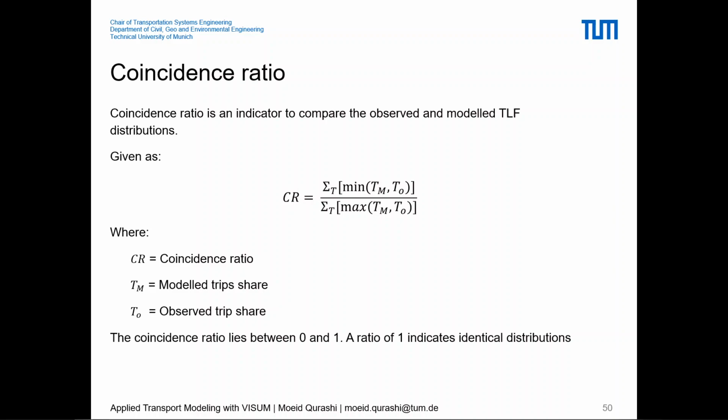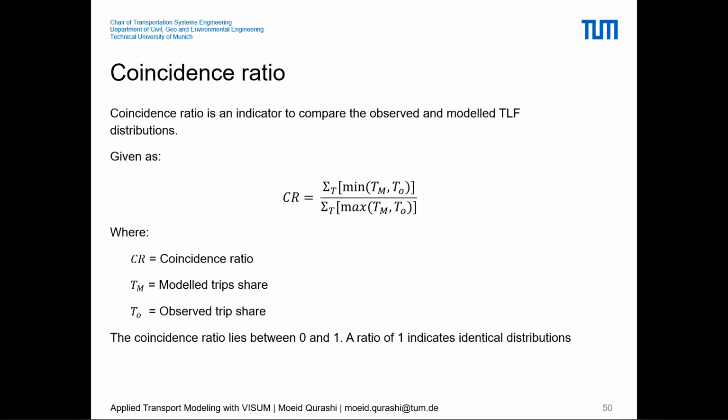Yeah, and this is given by this formula, where the numerator is the minimum of both the modeled and the observed TLFD shares, divided by the maximum of either the observed or the modeled TLFD. Yeah? So we are taking a ratio of the minimum share for the given interval divided by the maximum share of the given interval.